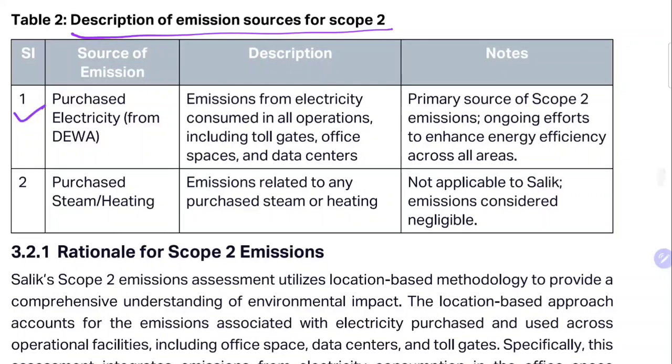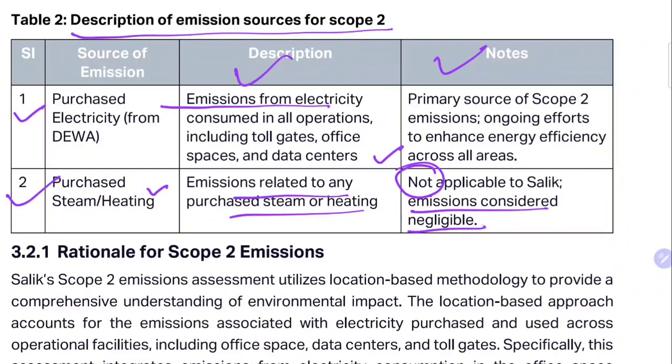First is purchased electricity from DEWA, and then purchased steam or heating. What is the description and what are the notes? The emissions from electricity consumed in operations include toll gate operations, office spaces and data centers. For purchased steam or heating, emissions related to any purchased steam or heating are not applicable to Salik and are considered negligible.